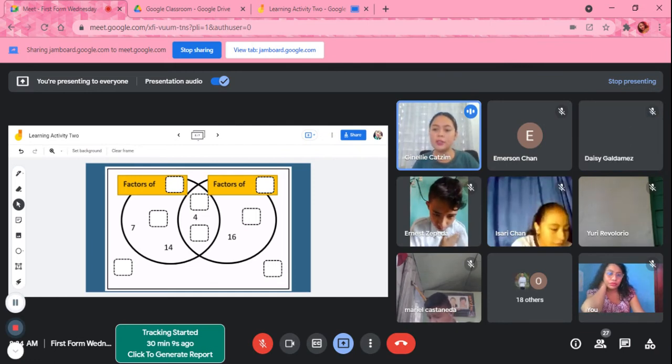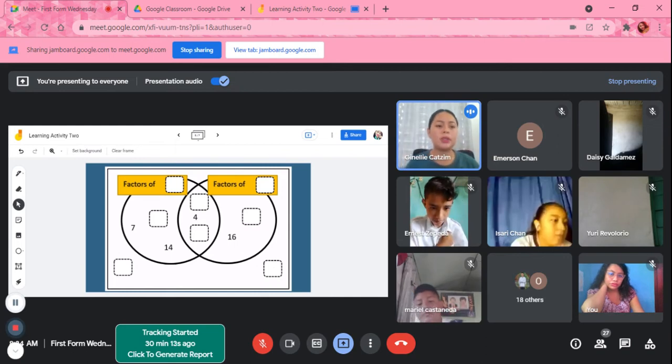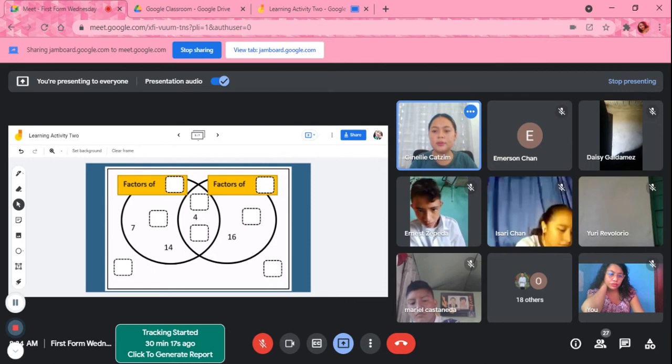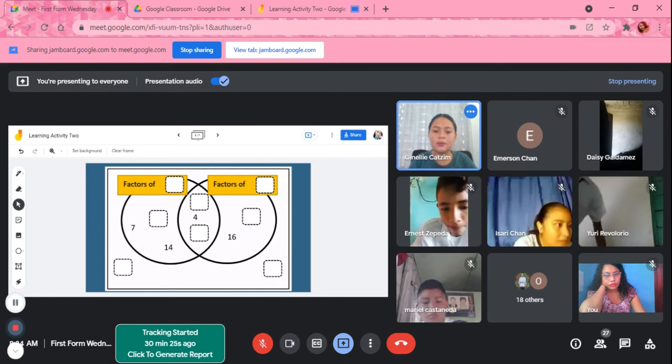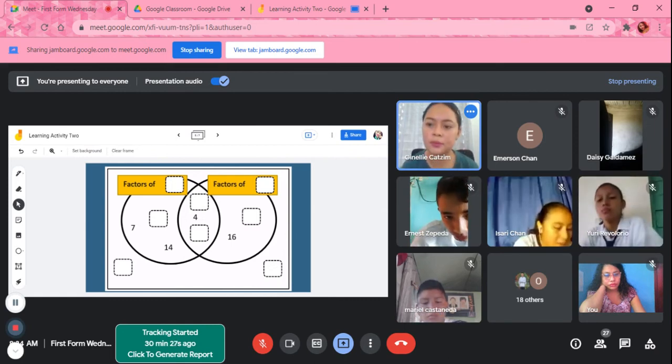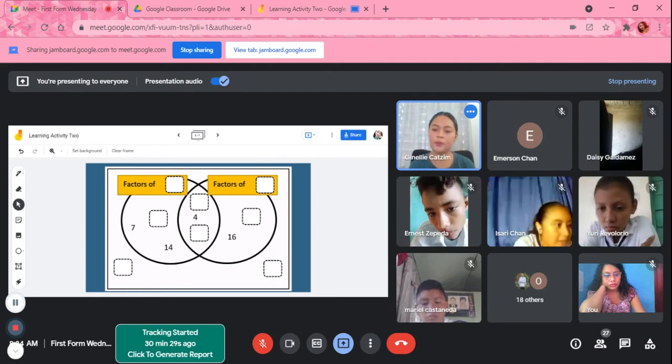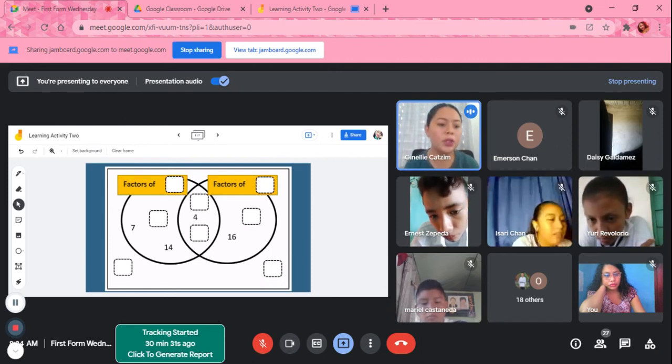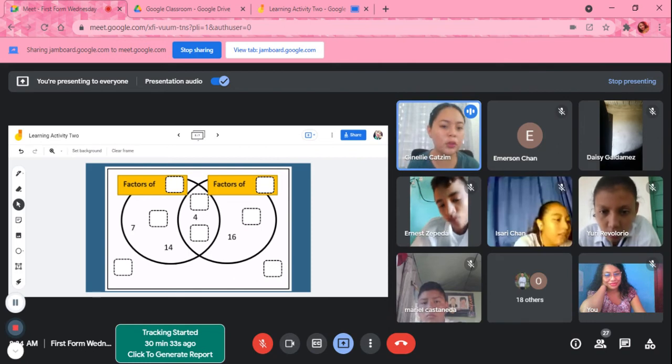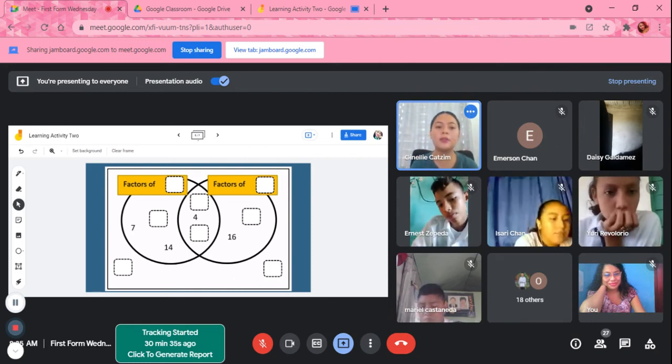So can anyone tell me how they will go about finding this one? What would you do if you know you don't have the numbers there?